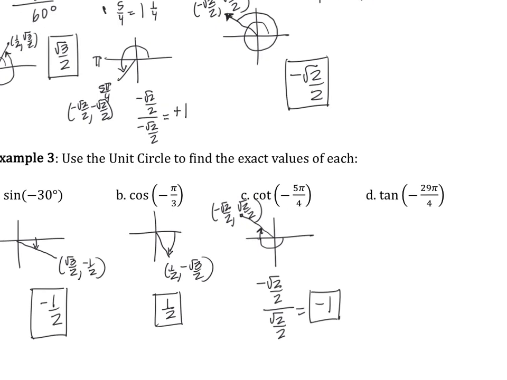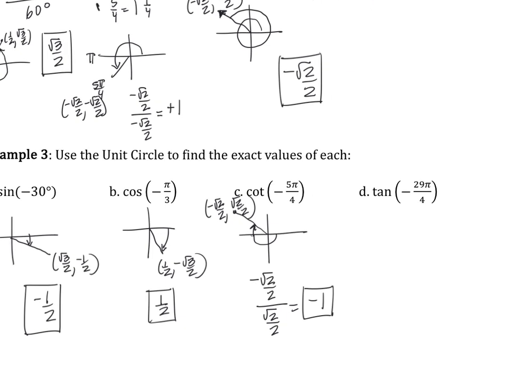And then our last one right here, negative 29/4. Okay, so 29 over 4. 4 goes into 29 7 times, right? Because 7 times 4 is 28, and then I'd have 1 left. So basically, this is 7 pi plus another pi over 4. So I want to sketch this out. Bear with me here. It's negative, so I'm going in the opposite direction.